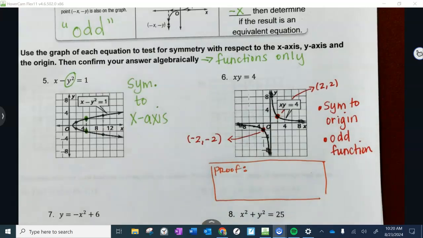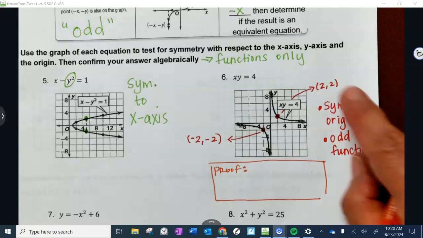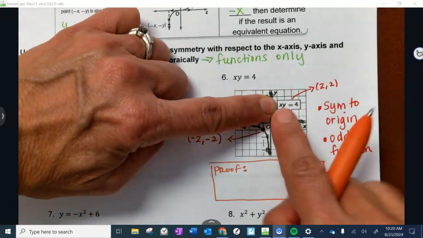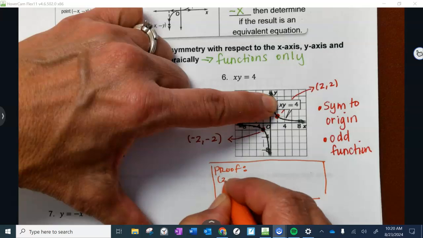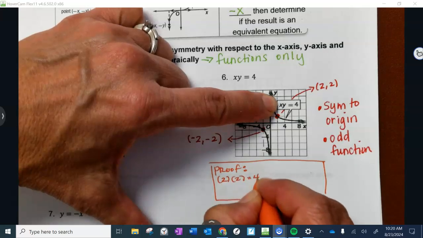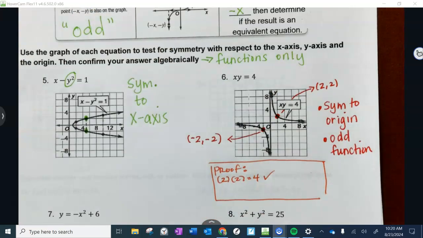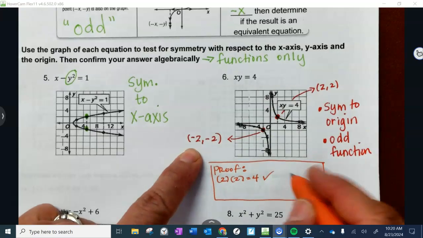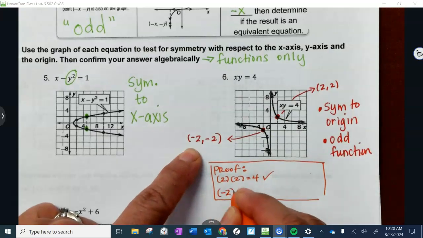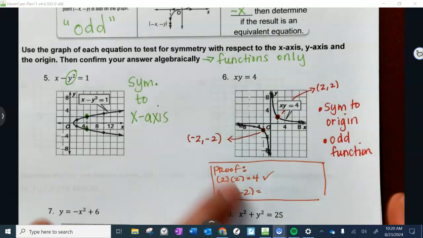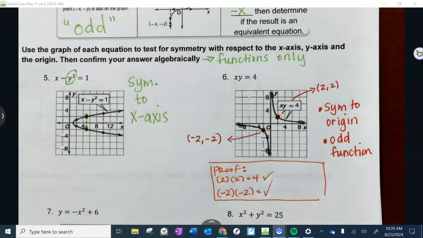You just plug in the input and the output, and you're going to get a true number sentence, a true equation. So I'm going to plug in 2 and 2 for x and y, and that should equal 4, and it does. I'm going to do the same thing for the opposite. I should get a true number sentence, for sure I do. That's your proof from the picture.